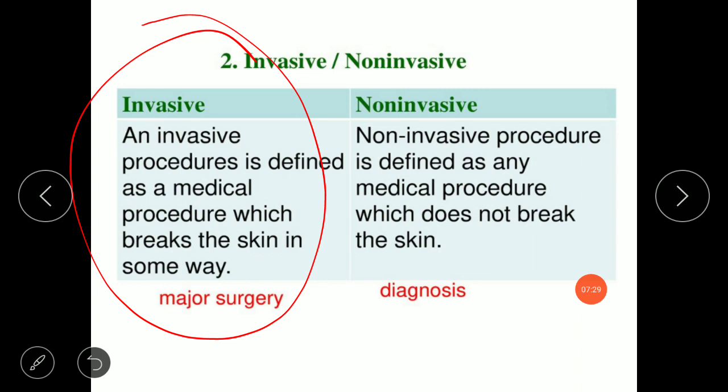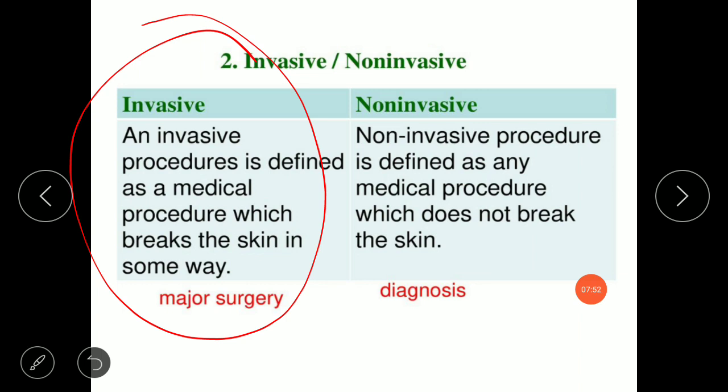For example, direct electrical recording of the action potential in nerve fibers through an implantable electrode system. Here we are implanting an electrode system in the human body for direct electrical recording of the action potential in the nerve fiber. So this will come under invasive.